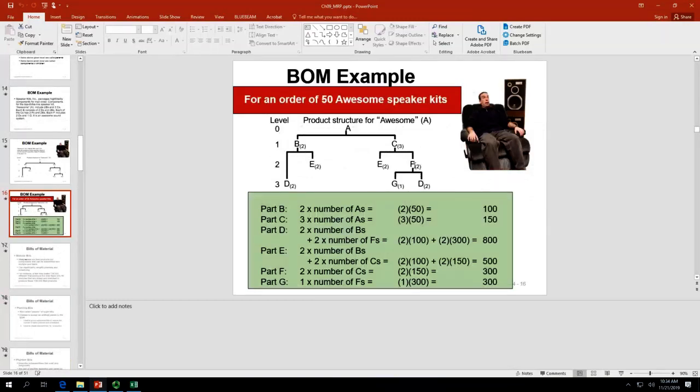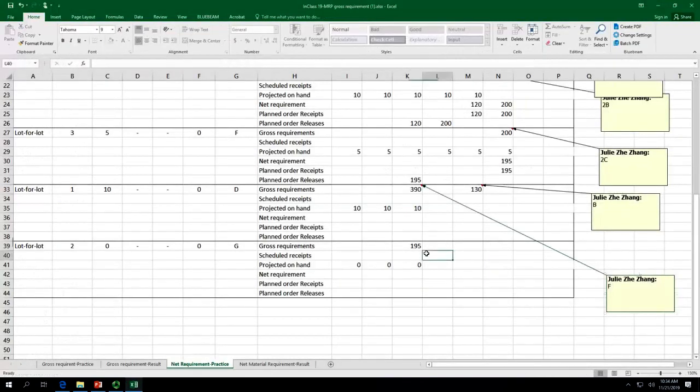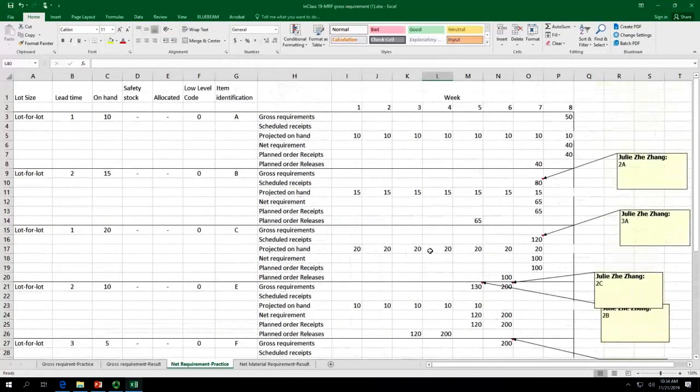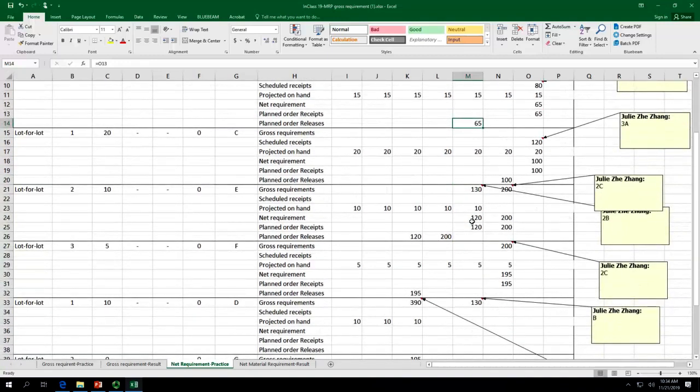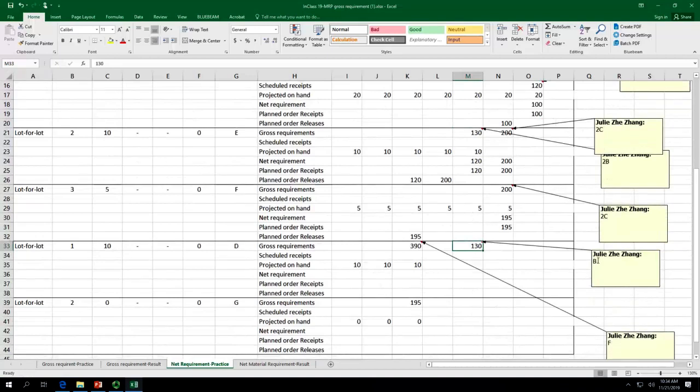D is associated with F, but this D is associated with B directly. We need to look at when B is ready. So B it is 65. So this 65 will need 2 D's to make this B. So need 2 per B. That's why it is 130.